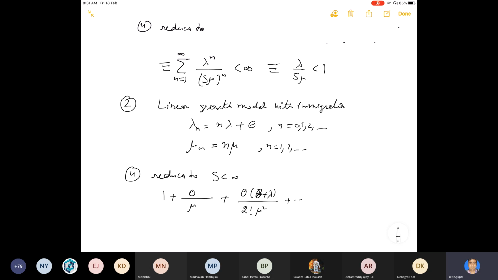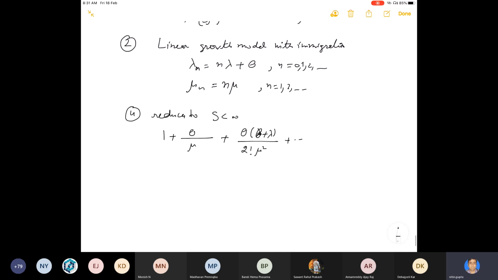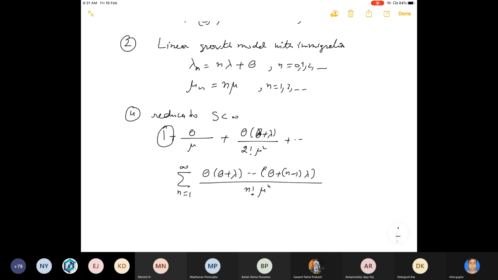So that means this reduces to, if we show that summation n is from 1 to infinity, this term we can forget because this is finite already, theta, theta plus lambda, so on to theta plus n minus 1 lambda, upon n factorial, mu raised to power n, converges.